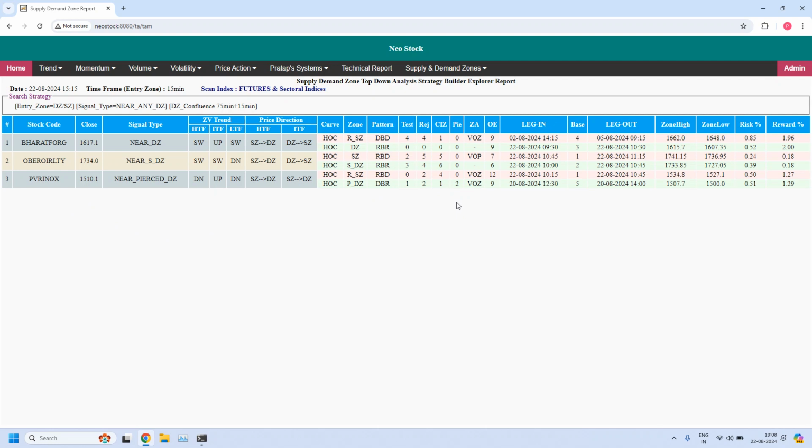Okay, now again let us verify how many of these stocks have confluence with the daily time frame. Mostly, because all the demand zones are at the high on the curve, you may not find daily zone confluence, but let's verify.